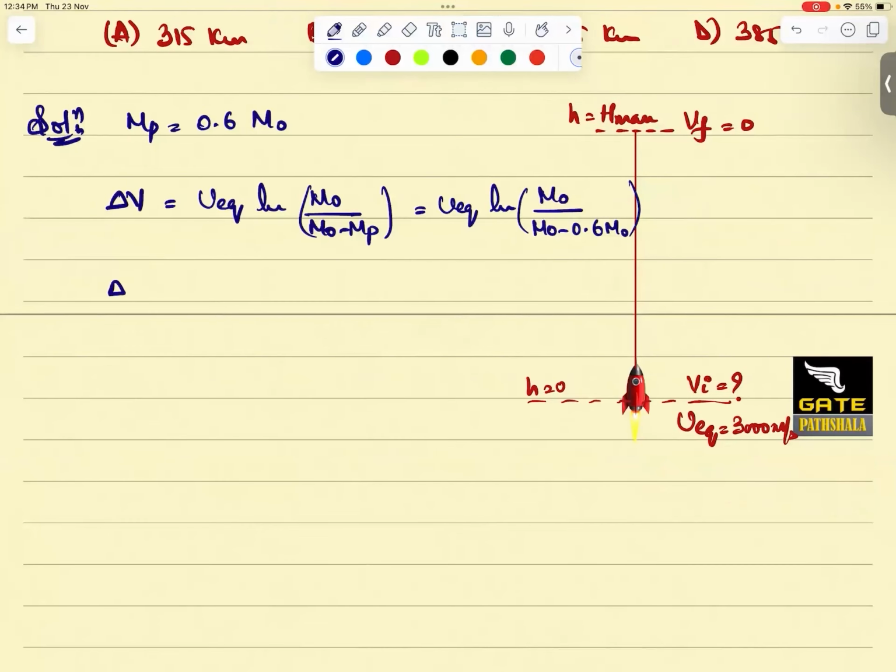So you will get delta V as कितना आया आपको 3000 into ln of 1 by 0.4. How much you are getting? 27. 51.87. Check करो फिर से. 48.87, sir. 2748.87. 2748.872. Correct. 2748.87 meter. Okay, ये value आनी चाहिए आप.